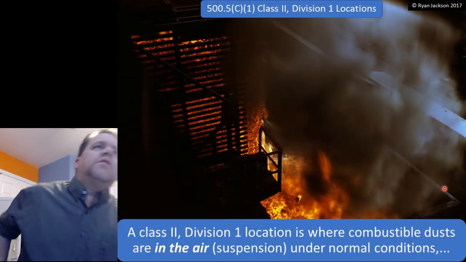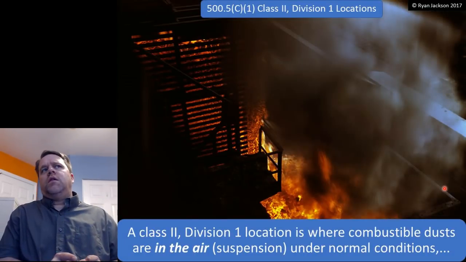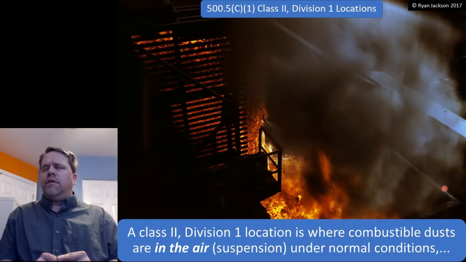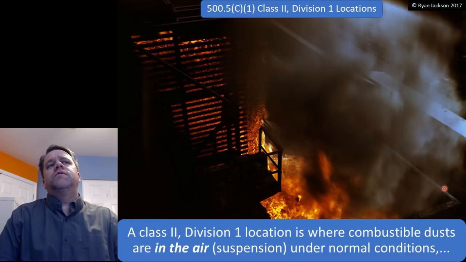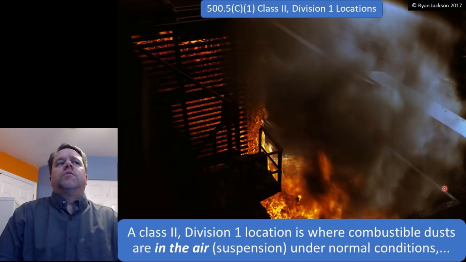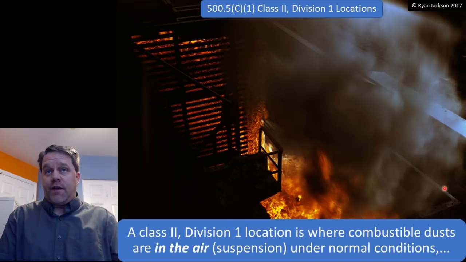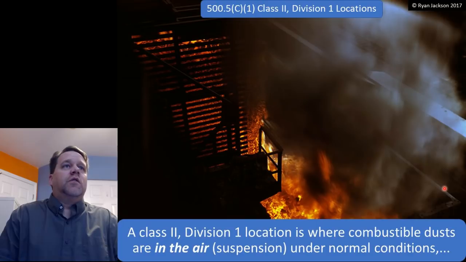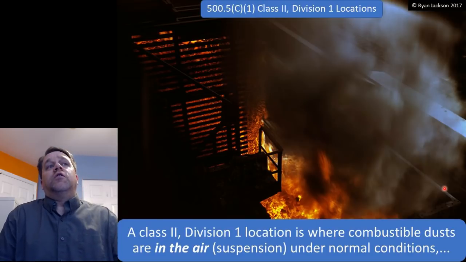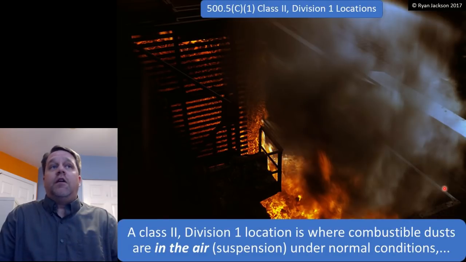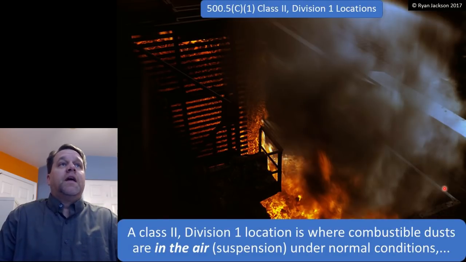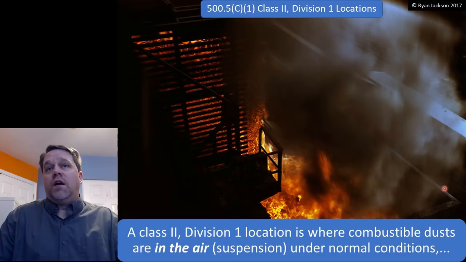Now, we classify Class 2 Division 1 and Division 2 a little bit differently than we do Class 1 locations. A Class 2 Division 1 is where combustible dusts are suspended in the air under normal conditions. So here in the photograph, they are dumping coke dust. And that, of course, is suspended in the air.